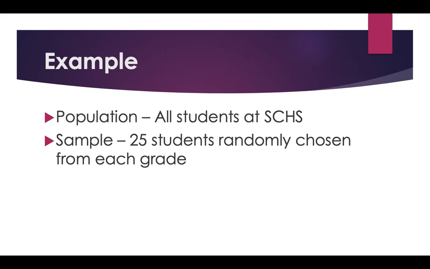What we would do for a sample is get 25 students from each grade, and then we'd have 100 students in total to work with rather than 700 or 800. So it'll be a lot more manageable in terms of numbers, and we can assume that that's going to give us valid data because there's no reason why that sample of students wouldn't represent the entire population.